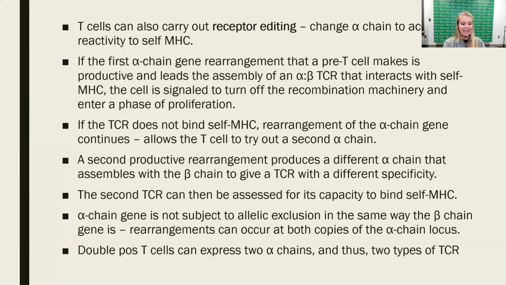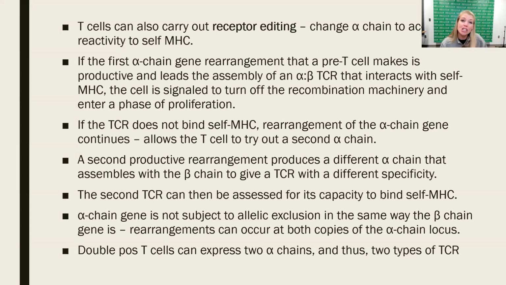The alpha chain is not subject to allelic exclusion the same way the beta chain is. And this is where I had mentioned in the last lecture how the beta chain is going to be the same in all those cells that proliferate from the one clone that's made after that first rearrangement. But the alpha chain isn't always going to be the same in a cell.